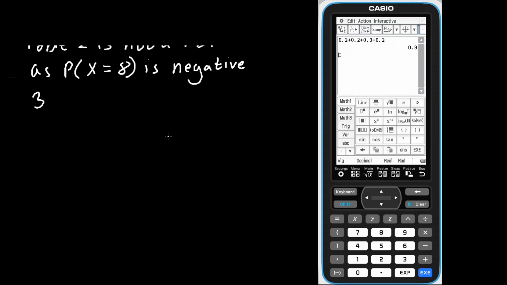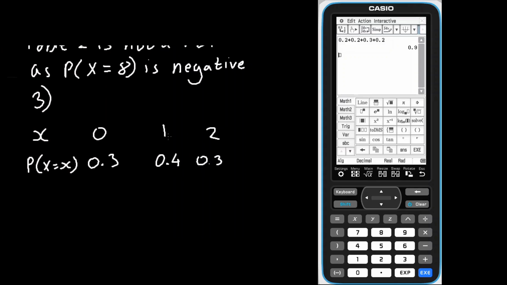Okay, so table number 3, and we have some variable x that can be equal to 0, 1, or 2, and the random variable, capital X, can be equal to that value. All right, so when capital X is equal to 0, there's a 30% chance, there's a 40% chance, and then there's a 30% chance there.